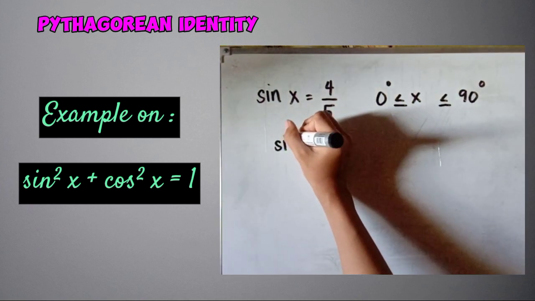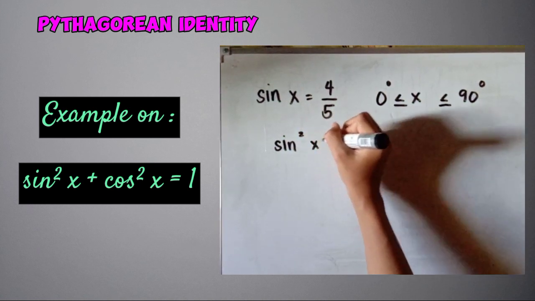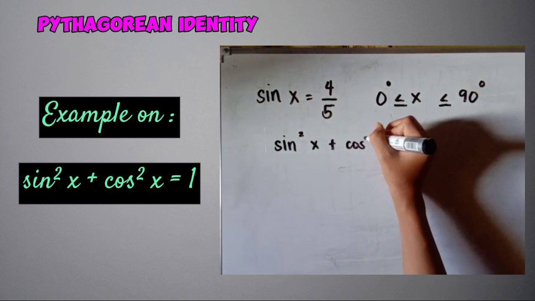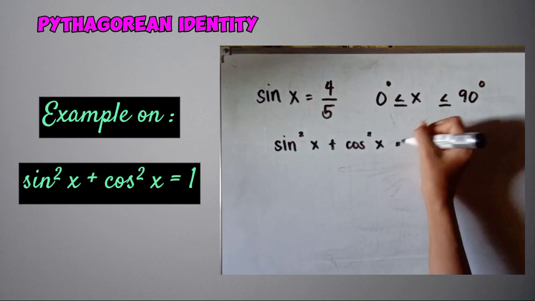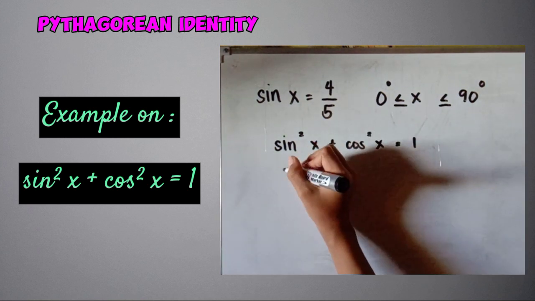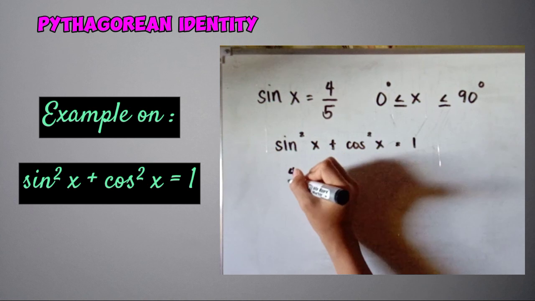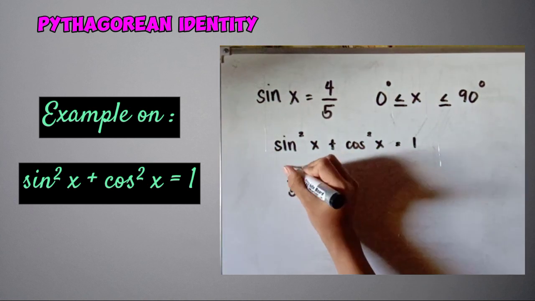Using the first Pythagorean identity, sine squared x plus cosine squared x is equal to 1, we will substitute 4 over 5 into sine squared x.